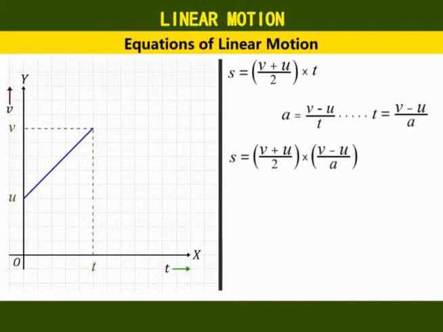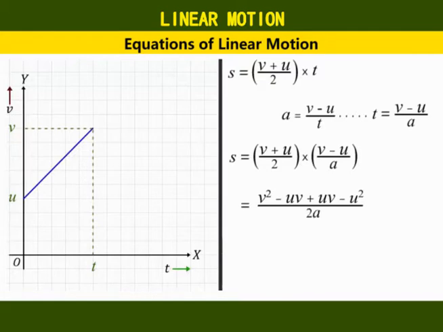Now we do binomial expansion. For the numerators, v times v is v². Then v times −u is −uv. u times v is uv. And u times −u gives us −u². For the denominator, 2 times a is equal to 2a.